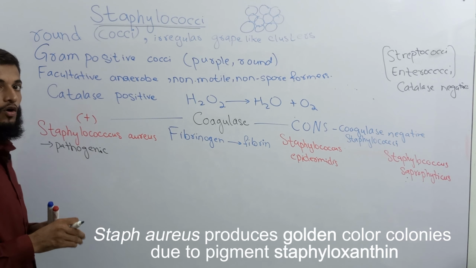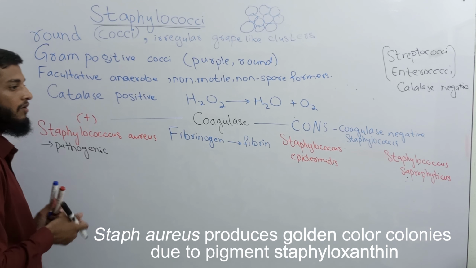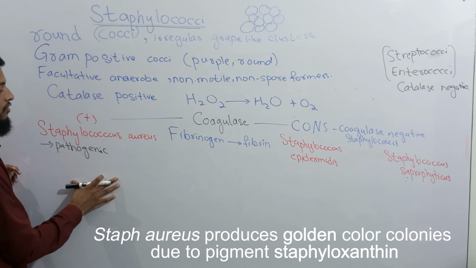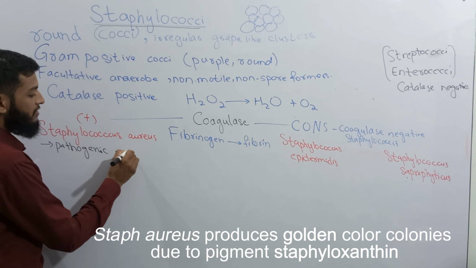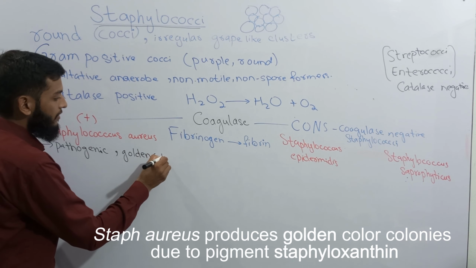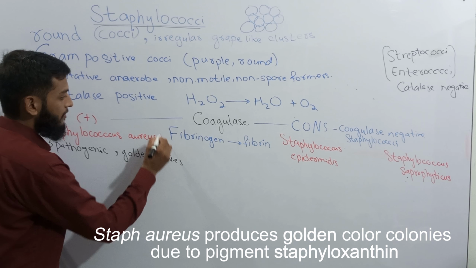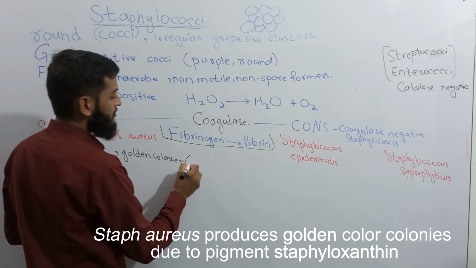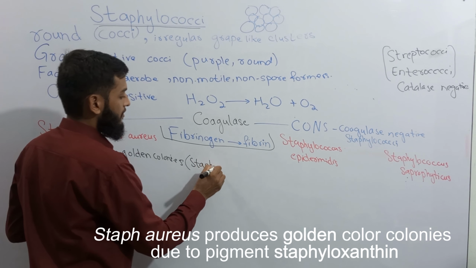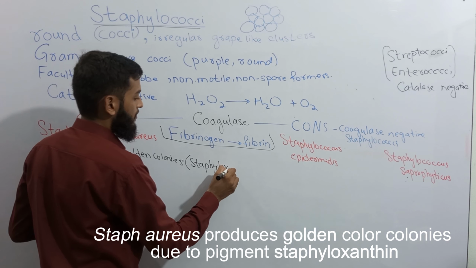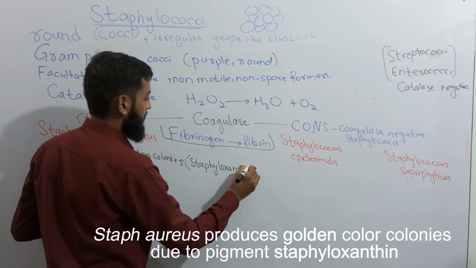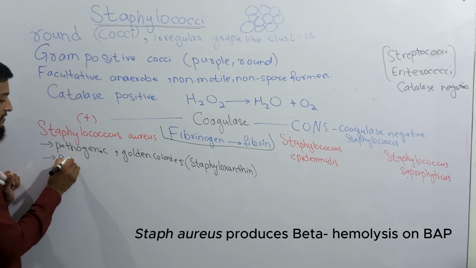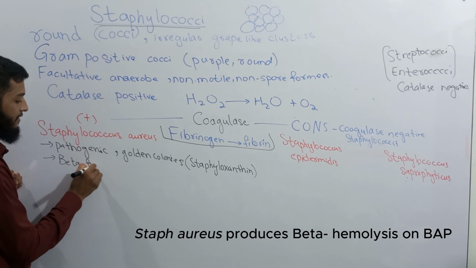When staphylococci grow on culture media, which is used in the lab for growing bacteria, they produce golden colored colonies due to staphyloxanthin. Also, Staphylococcus aureus produces beta hemolysis on blood agar plate.